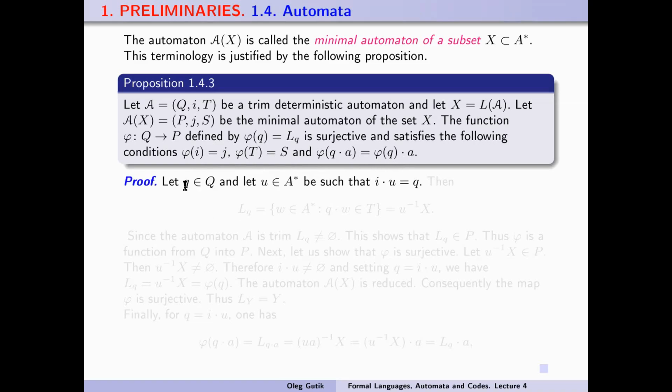Proof. Let Q be any state of this automaton, and let U be a word over our alphabet A such that I multiply U is equal to Q. Then we have that L_Q consists of such words W from the free monoid A star such that Q multiply W belongs to the set of terminal states, and this is equal to U minus 1 X. Since our automaton is trim, we get that L_Q is not the empty set.